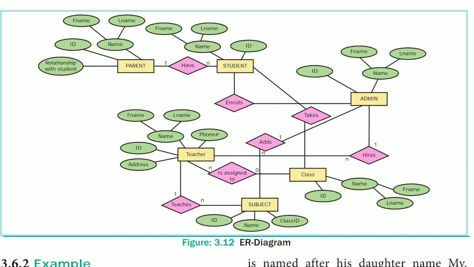This is the overall description of the ER diagram. Parents have students enroll themselves with the admin to get the education. The admin hires, which means they take interviews for teachers and appoint teachers.